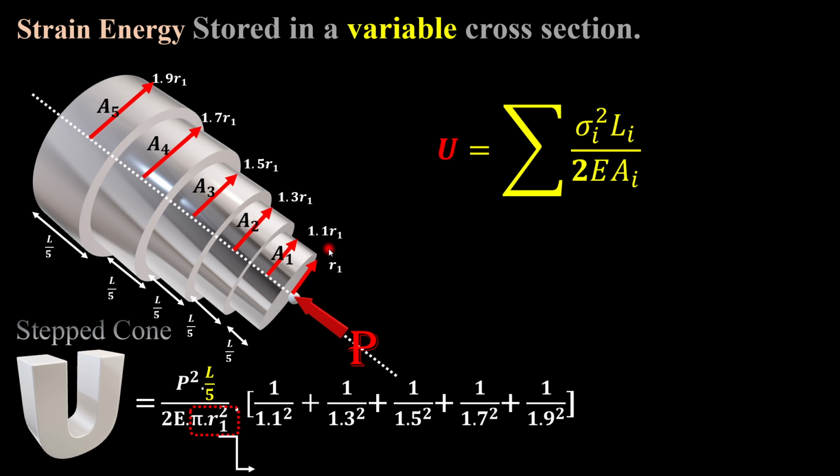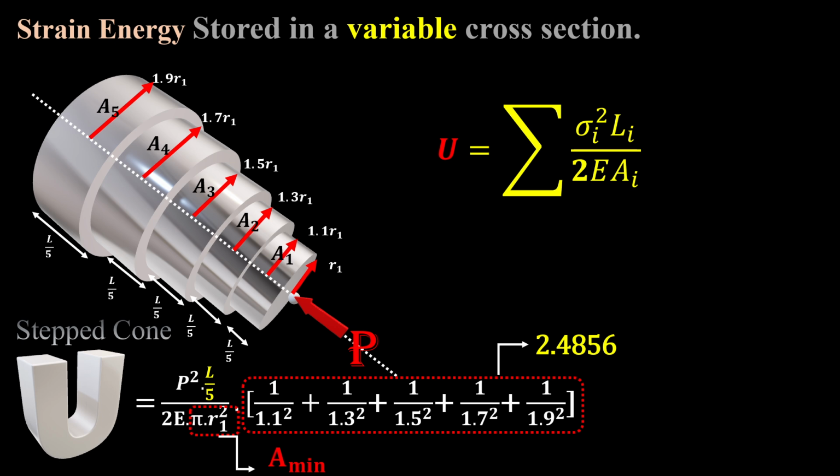So the first term is 1 over 1.1 squared, plus 1 over 1.3 squared, all the way to 1 over 1.9 squared. Pi r1 squared stands for the minimum cross section, which we call A min, and the numeric value in the bracket is 2.4856.